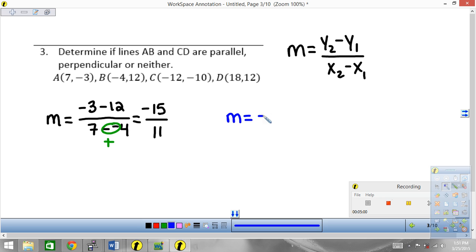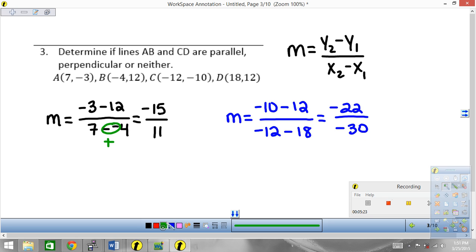Again, we start with our y values. So I look at my y values, and we'll start with negative 10, take away 12. Then you look at your x values, negative 12, subtract negative 18. We will get negative 22 over negative 30. We can reduce this. 2 negatives is going to make our answer positive.